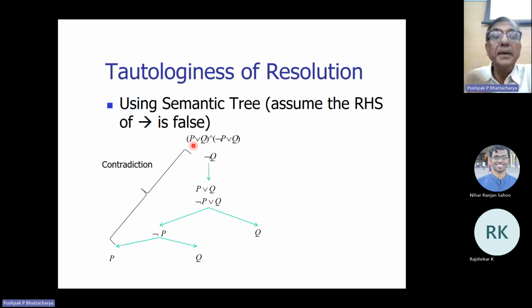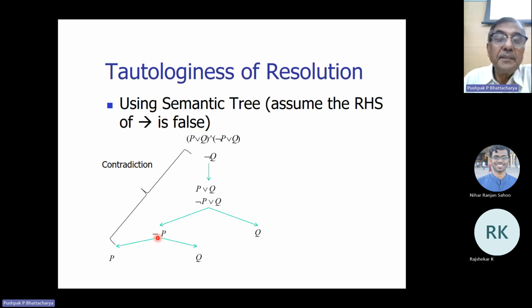Now, how can (P or Q) and (not P or Q) be true? It is an AND formula. AND formula is true only if both its components are true. So then I write P or Q and not P or Q. Okay, this is called a semantic tree. Now, not P or Q, how can it be true?